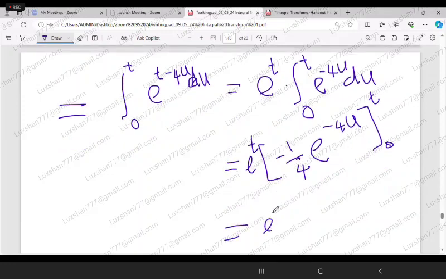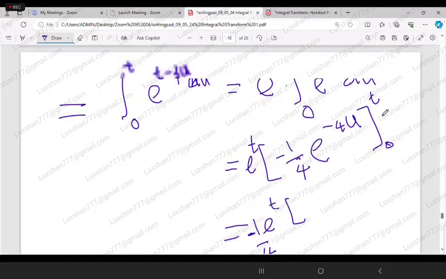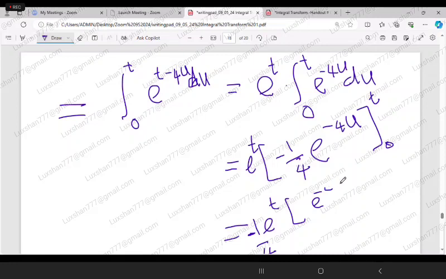So e to the power t, and if you take minus 1 over 4 out, that becomes minus 1 over 4. If you substitute t, it becomes e to the power minus 4t minus e to the power 0, which is 1.